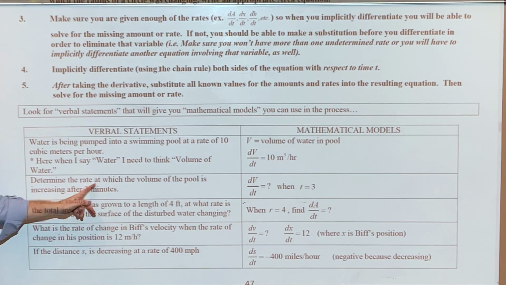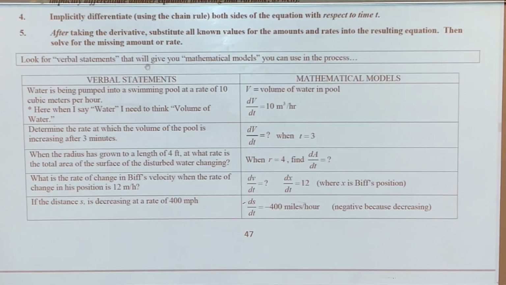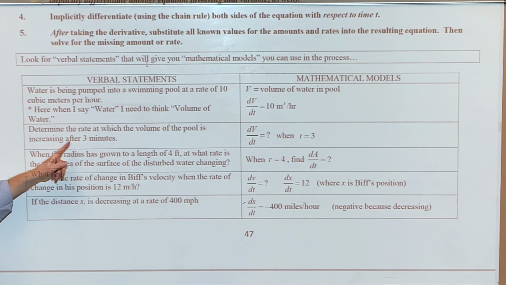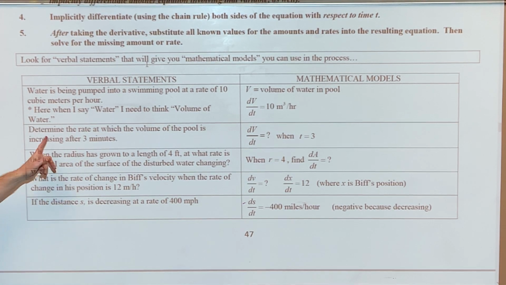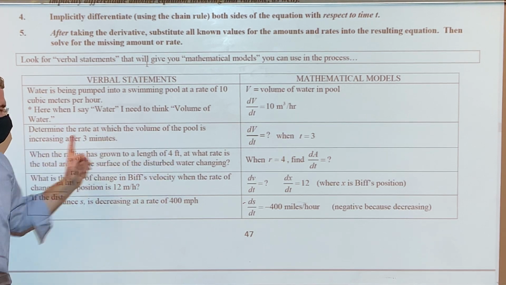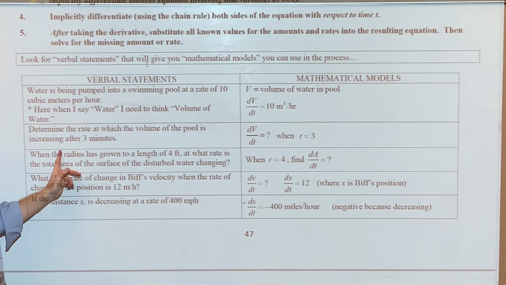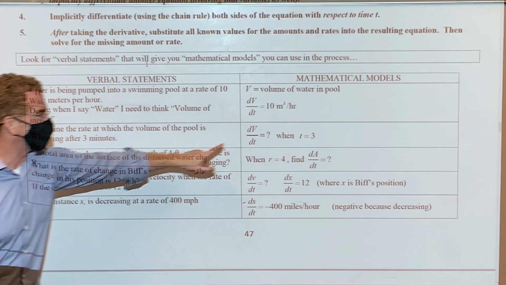How about this? Determine the rate at which the volume of the pool is increasing after 3 minutes. That really means at 3 minutes. So the rate at which volume is increasing would be what? dV/dt is, I don't know.